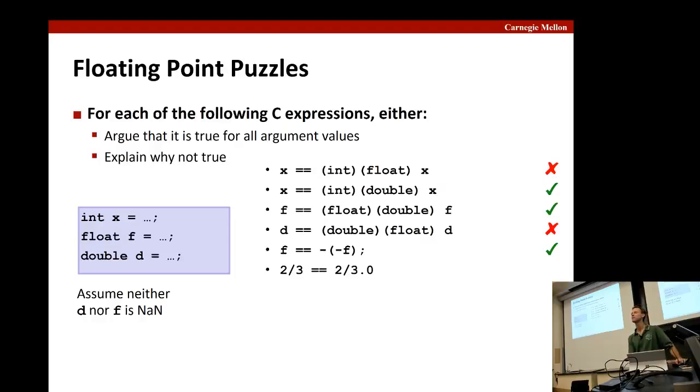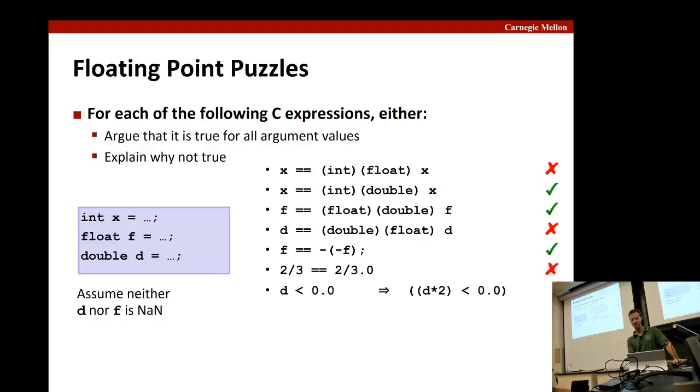This may have bit you in a few C programs in your past. Right, so 2 divided by 3 without the decimal point is interpreted as integer division, so it would be 0. Once you put the decimal point in there, it's going to be interpreted as floating point arithmetic. So you'd get 0.66.